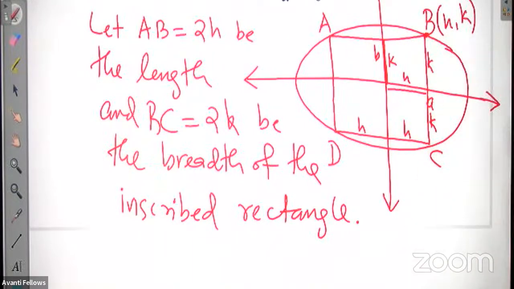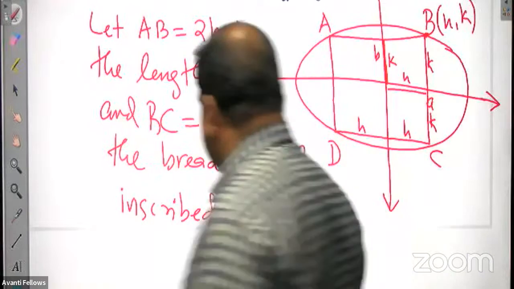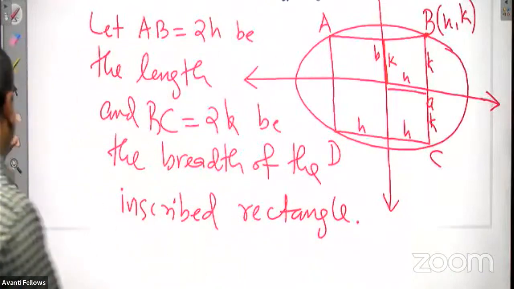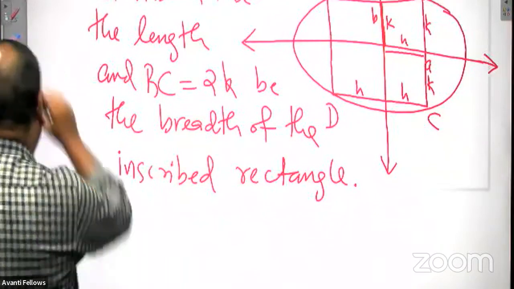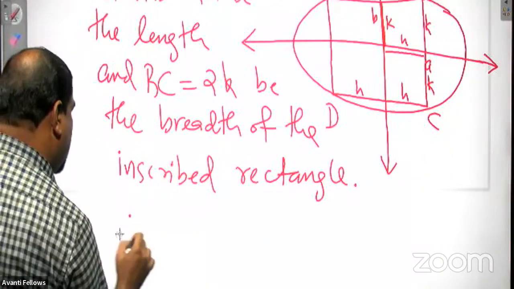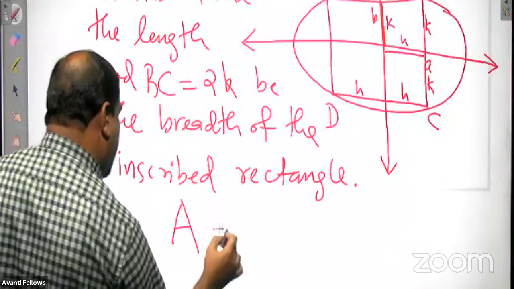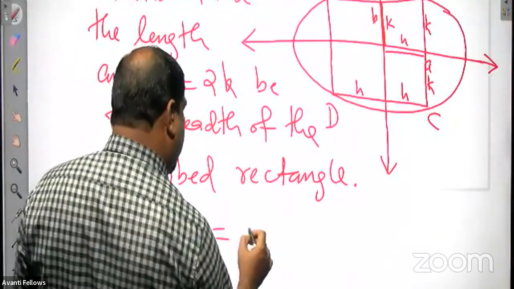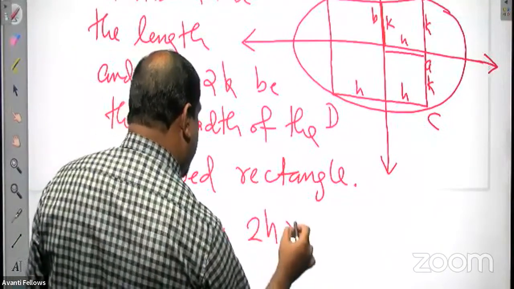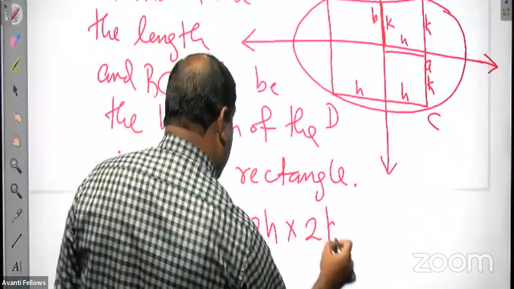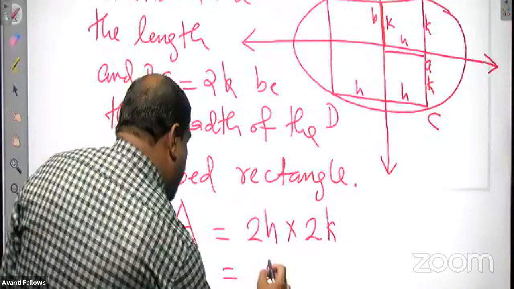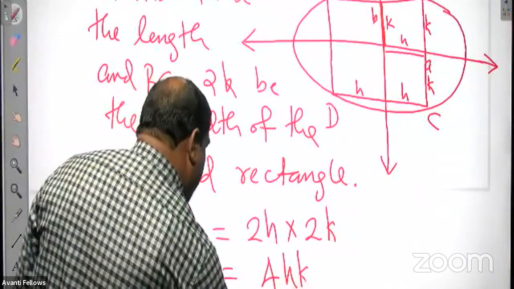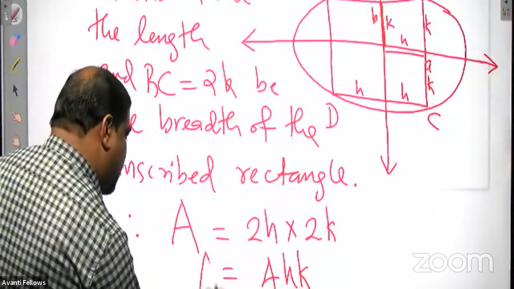Remember. Now we have to maximize the area of this rectangle. Area means length into breadth, so area A is equal to 2h into 2k. That means area is equal to 4 times hk.